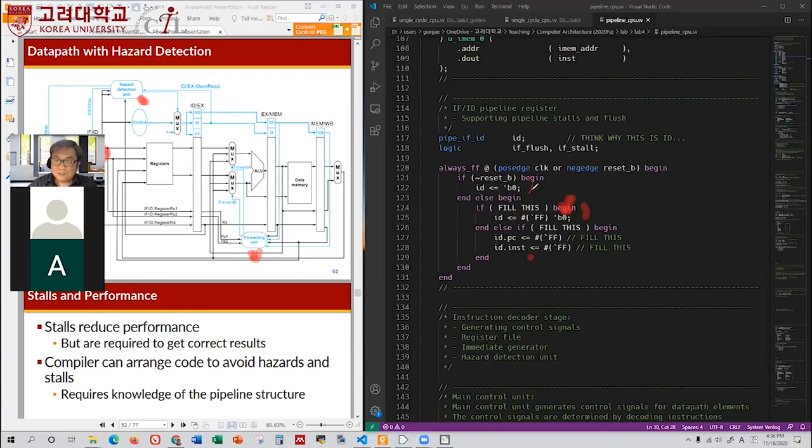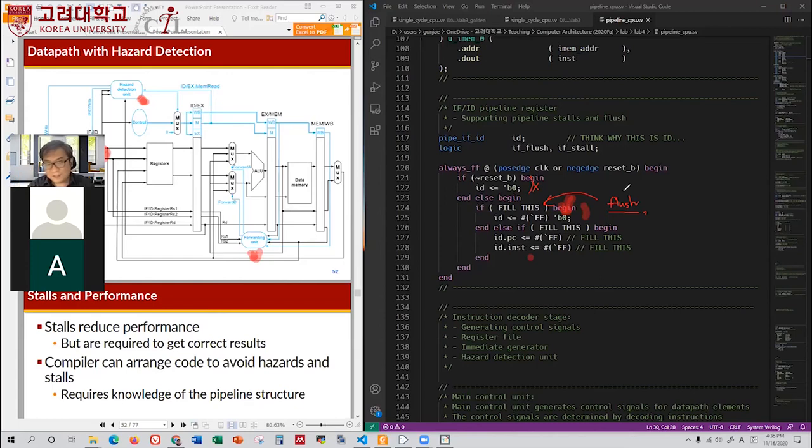This is not the reset state. For the reset, every output of the pipeline register becomes 0. But this is not the reset state. What is this case actually? This condition is flush. So the pipeline register is flushed.